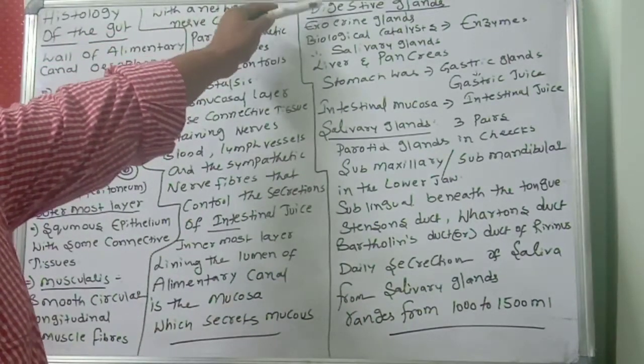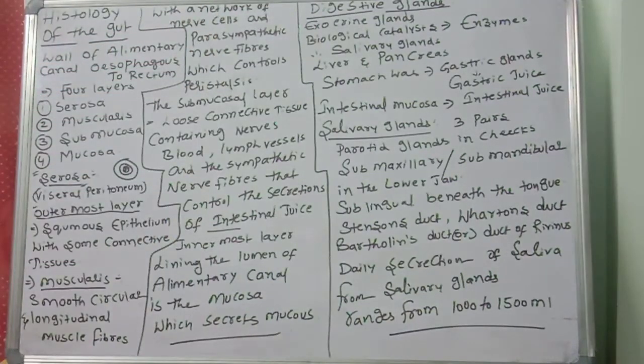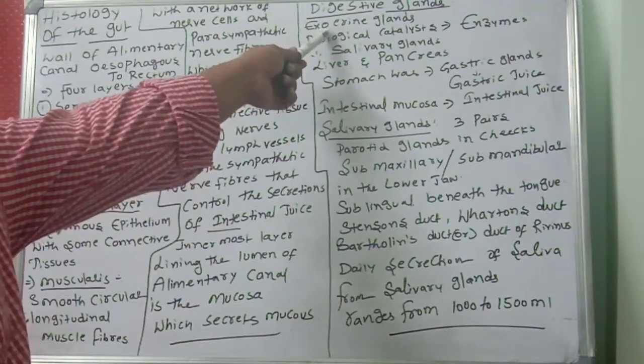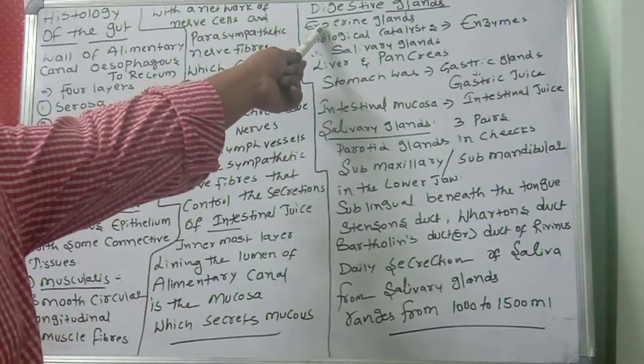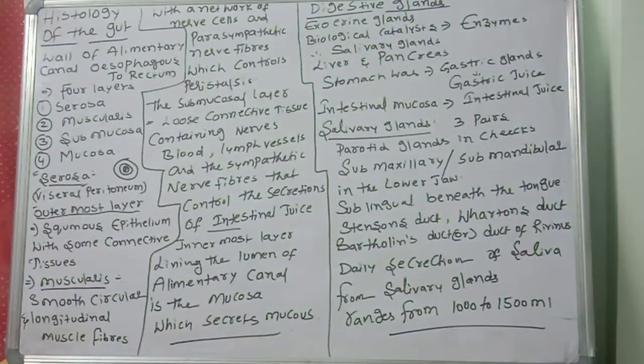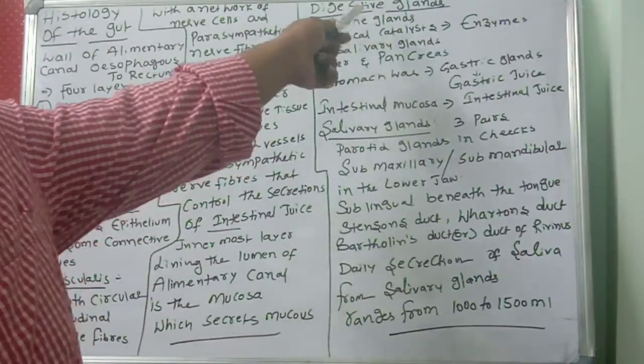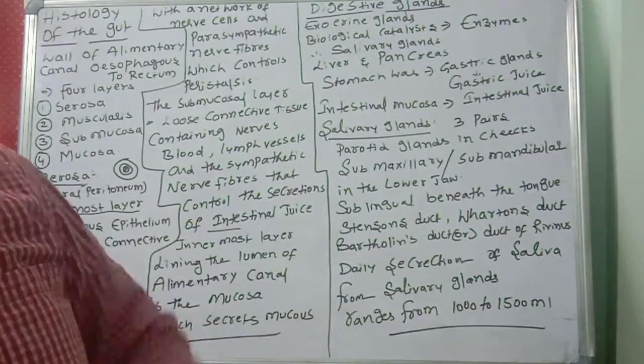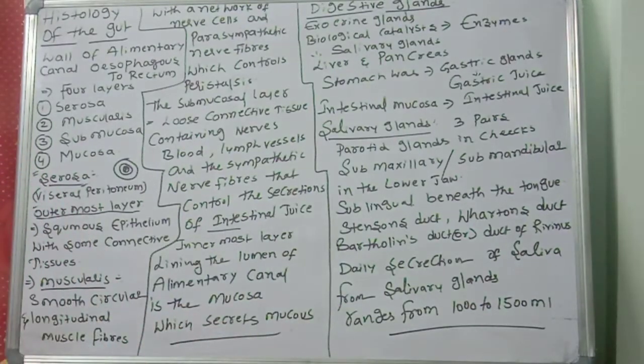Next, the digestive glands. Generally, how many types of glands are there? Two types: exocrine glands and endocrine glands, right? Exocrine glands have ducts, and they release their secretions through the duct. Endocrine glands don't have any duct.